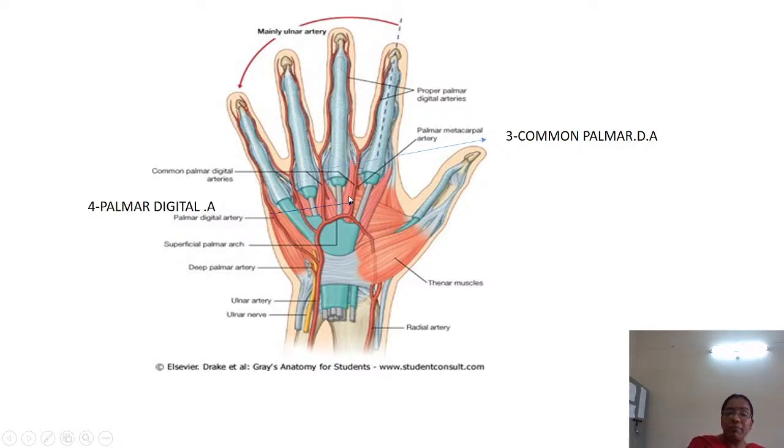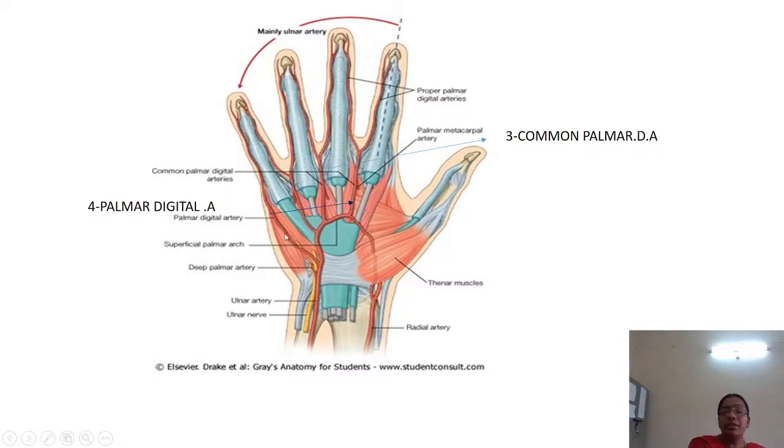The remaining three palmar digital arteries continue as three common palmar digital arteries, 1, 2 and 3, each dividing into two proper palmar digital arteries which supply the adjacent sides of the fingers. So from the convexity of the arch you get four palmar digital arteries.